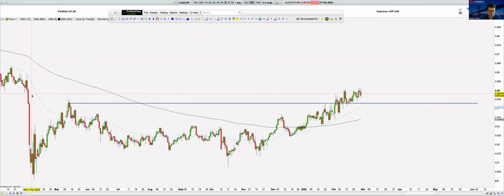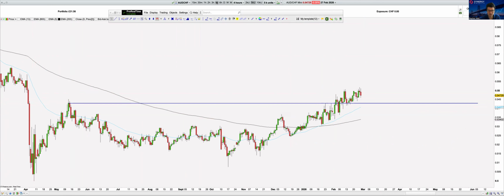Obviously, it's hard sometimes because the body of the candle's in the wick. So this is typically a change, but we haven't had the break yet.